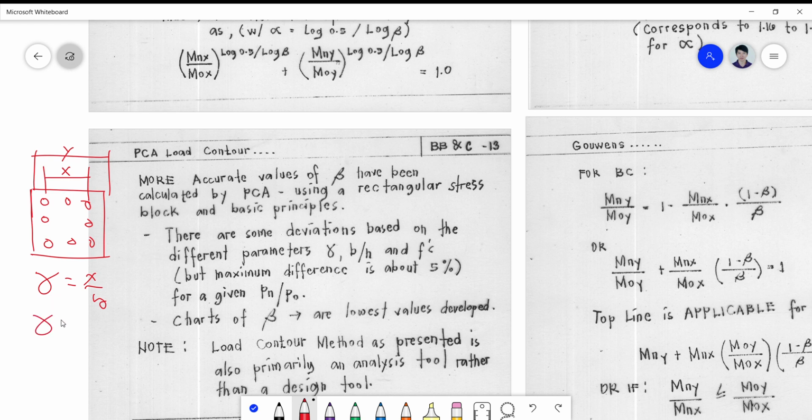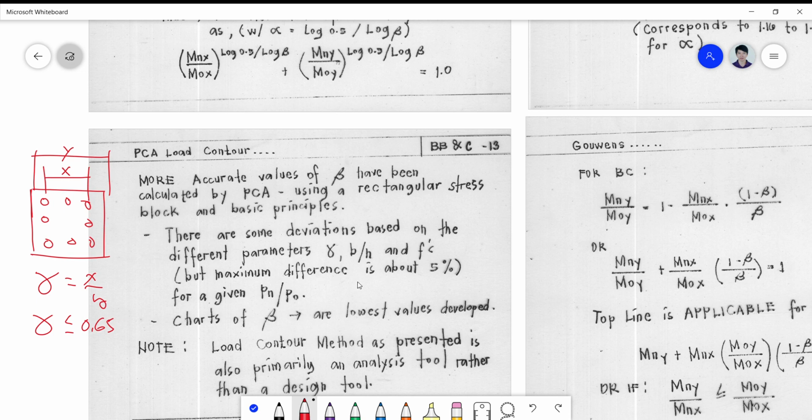Actually, gamma in your code is limited to only about, I think, 0.70 to 0.65, something like this on the range. Okay, B over H is also a parameter to consider, the ratio of your smaller side to the bigger side, and F'c also.